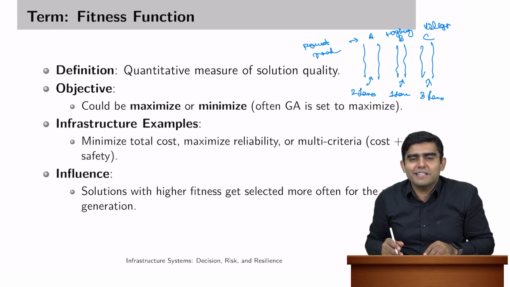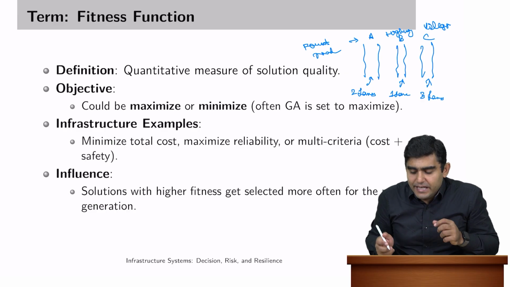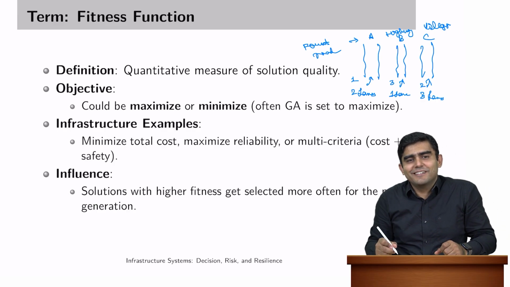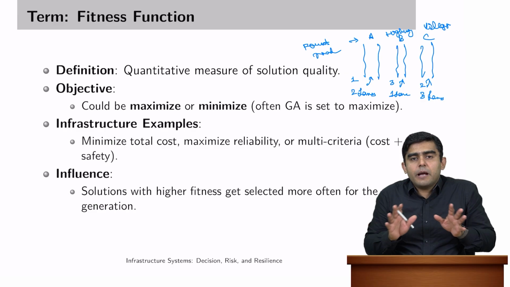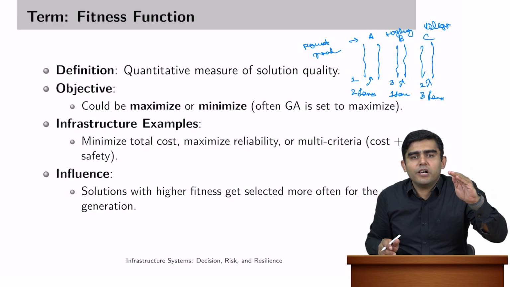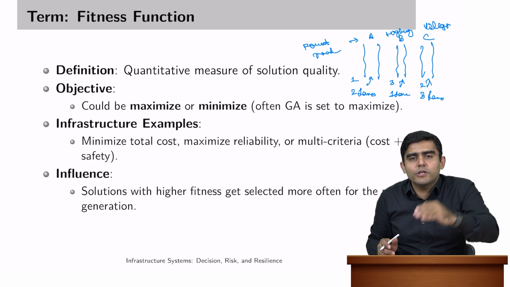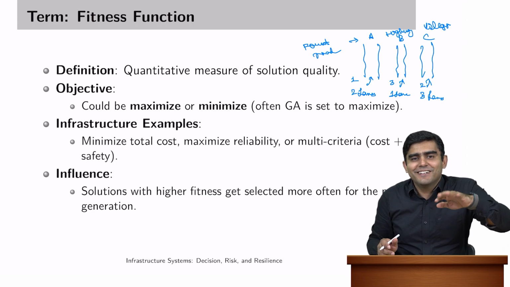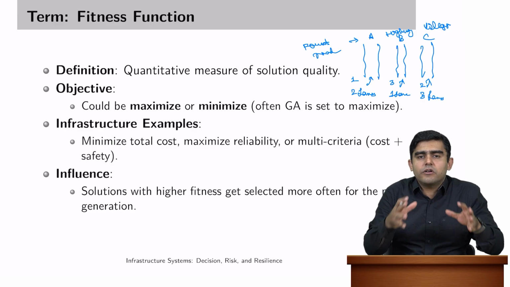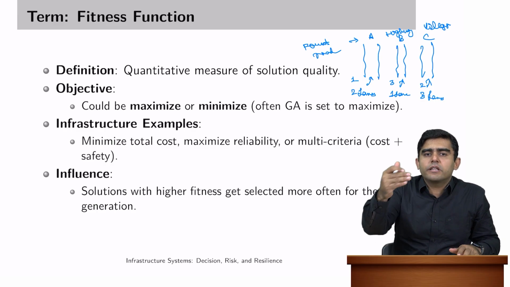You would immediately see that this particular design is going to lead to some congestion in comparison to one lane here, three lanes here, and perhaps two lanes here. So I don't know what is the absolute best here, but I can always see what is the relative best. Or I can say that solution 2 has more fitness than solution 1, and it can be the number of vehicles stuck on the road or the average speed on these roads.